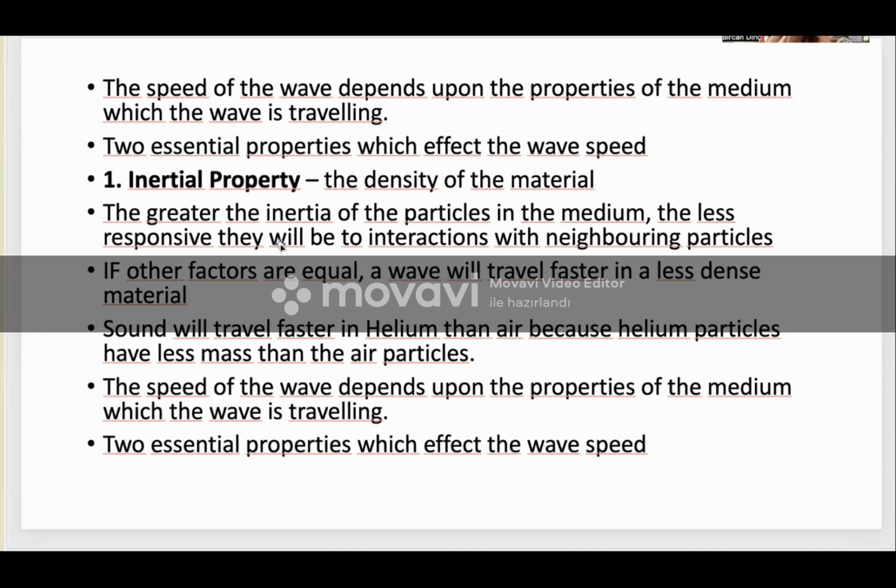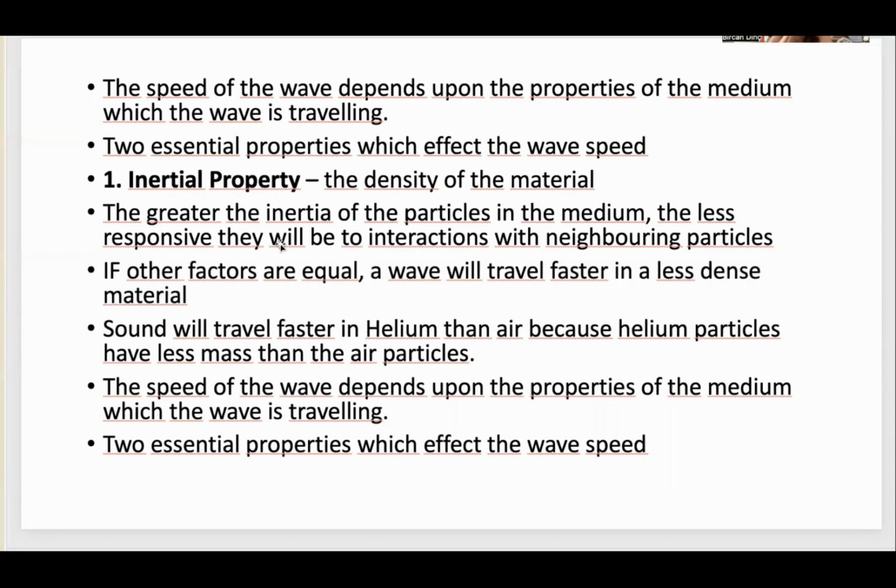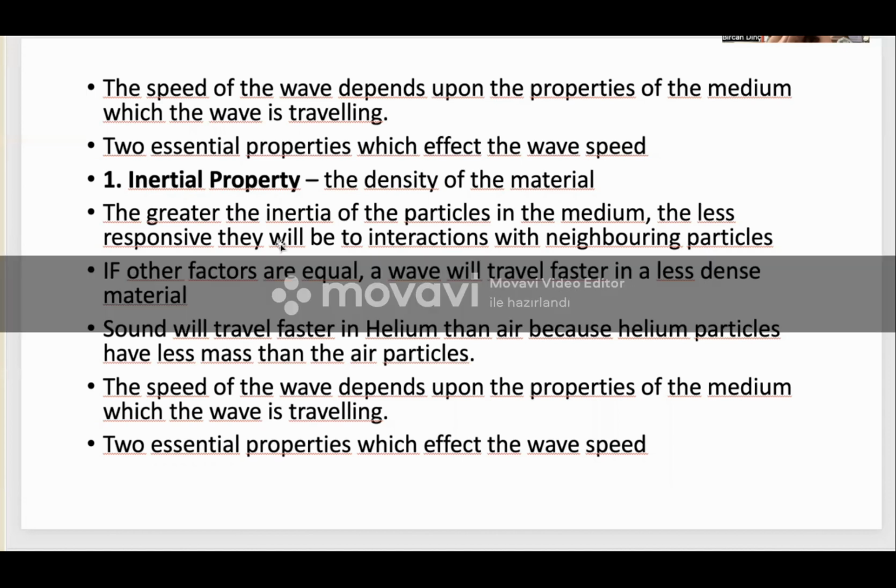In our courses, we talked about the traveling of sound waves in air, how particles transmit the sound waves. If other factors are equal, a wave will travel faster in less dense material, and a sound wave will travel faster in helium than air, because helium particles have less mass than the air particles.